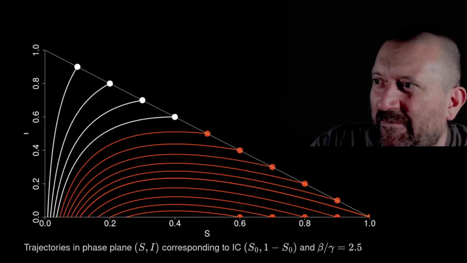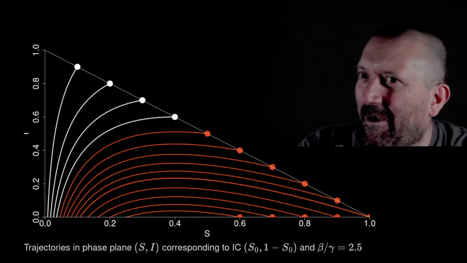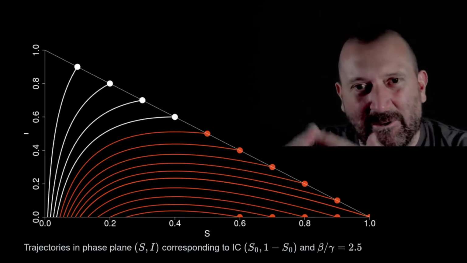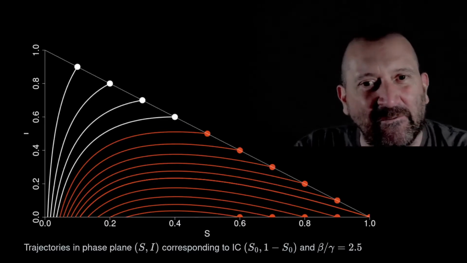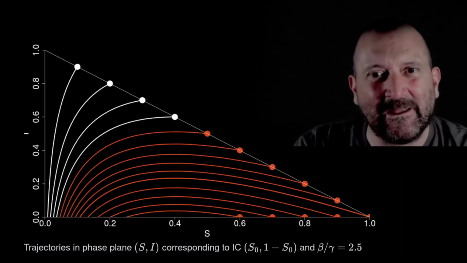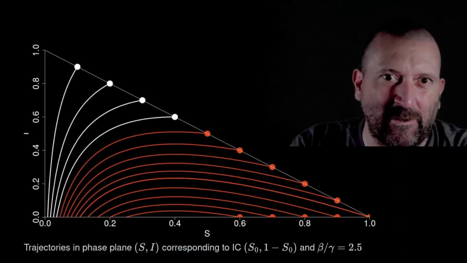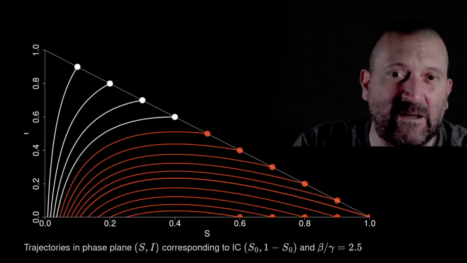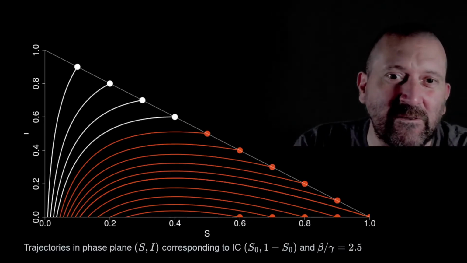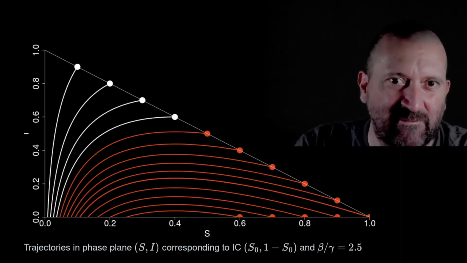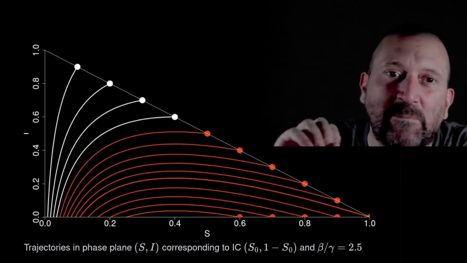In real life, the initial conditions probably represent your population. So S of 0 would be essentially the total susceptible population at the start of the epidemic, because you might have initial immunity for some, and I will be very small.